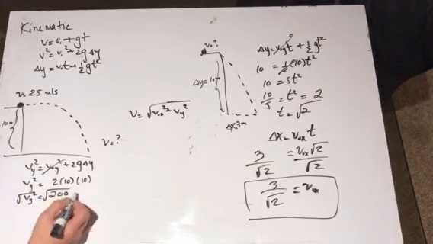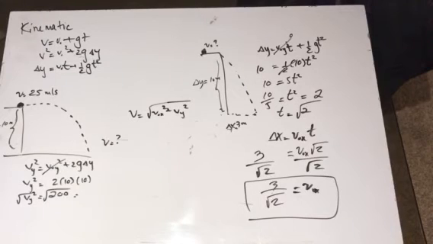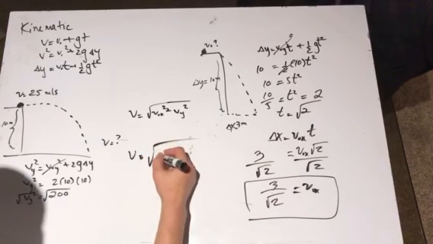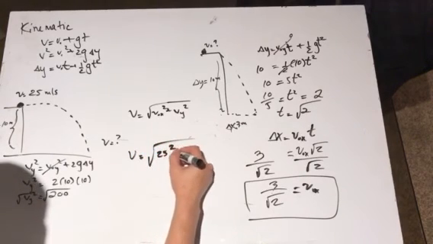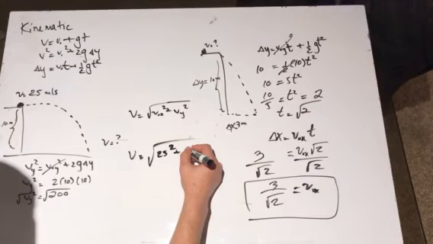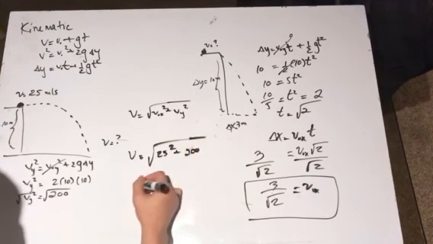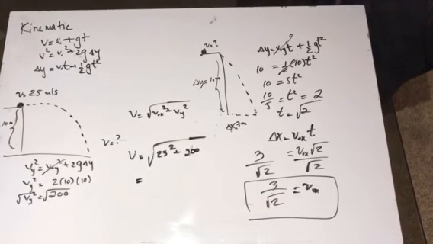To find the magnitude of the speed, we combine Vx, which is 25, squared, plus 200.